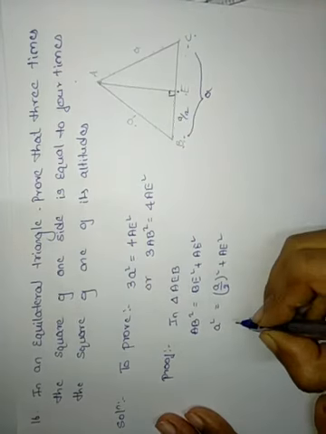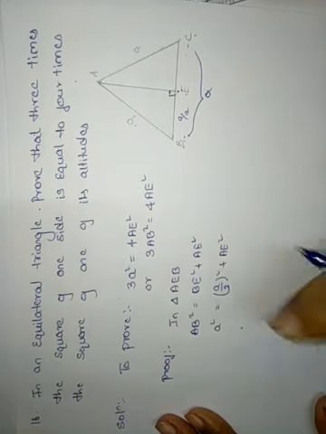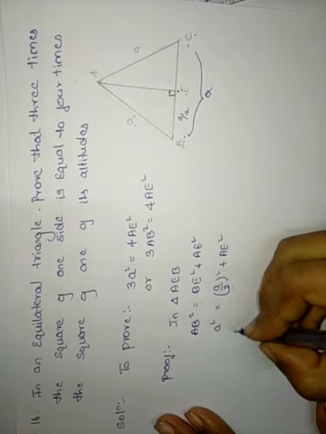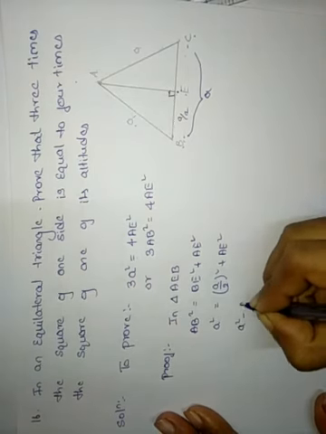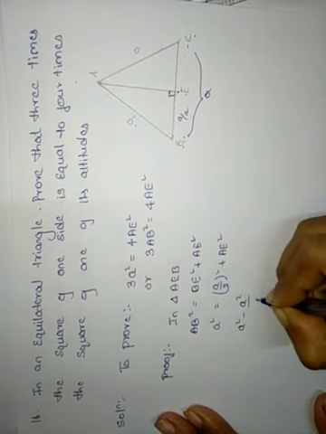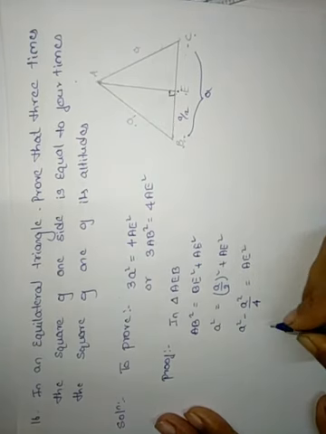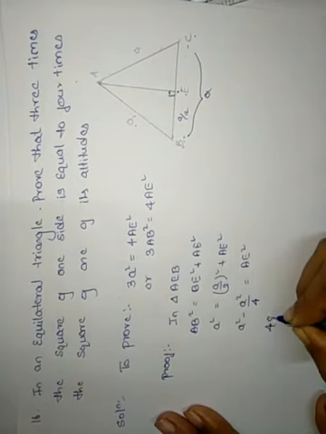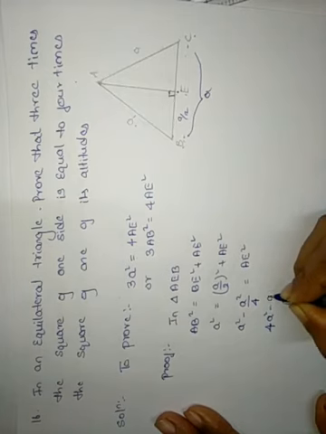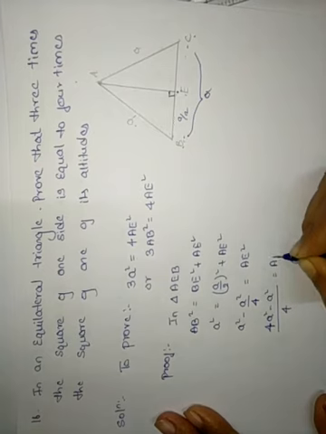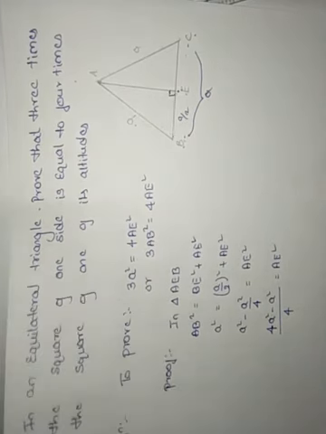Now we'll bring this A by 2 whole square to the left hand side, so that it will be A square minus A square by 4, which is equal to AE square. We'll take out the LCM. 4A square minus A square divided by 4 is equal to AE square, right?